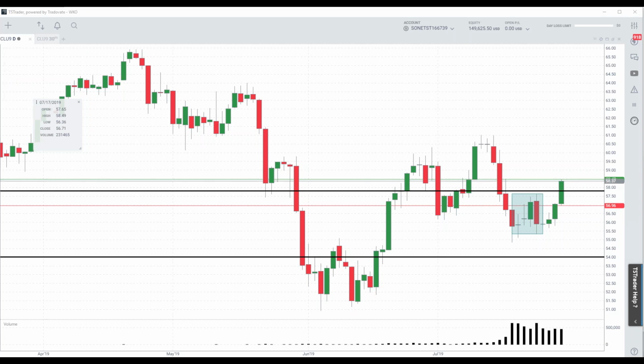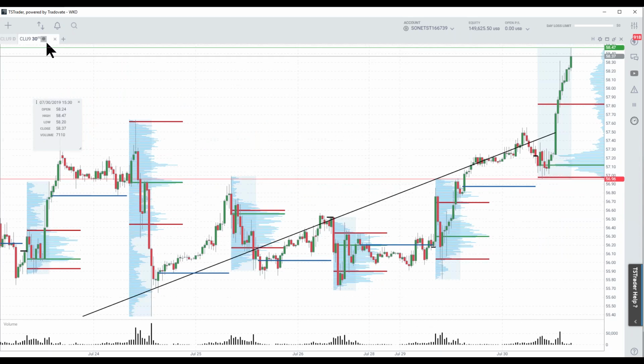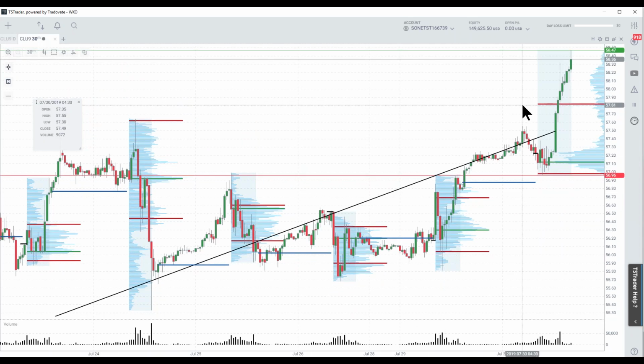Not quite sure what that API came out as, but the way the market has resolved after the close, I'm going to say that it was probably a bigger draw than expected. So here we see that level, 57.80.